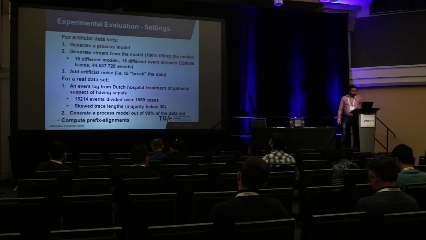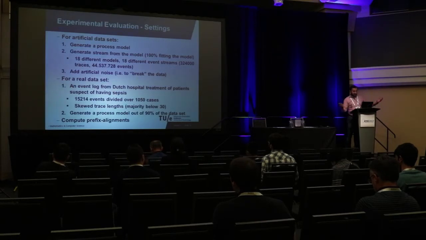Yes, and to the experimental evaluation, so those are the settings. We have used artificial data sets and real data sets. Actually, a single real data set. For the artificial data set, we first generated a process model, and then we used that process model for generating 18 different streams. So, we generated out of each process model one event stream, and by doing so, it's 100% fitting the model.